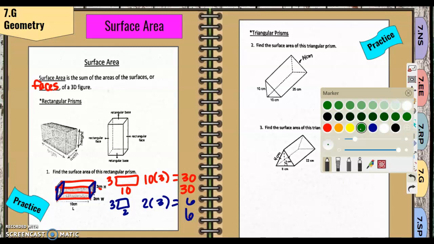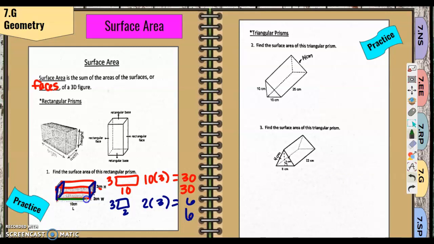And then I have the one on the bottom that's a 10 by 2. And that goes for the one on top and bottom. There are 2 that have an area of 20.